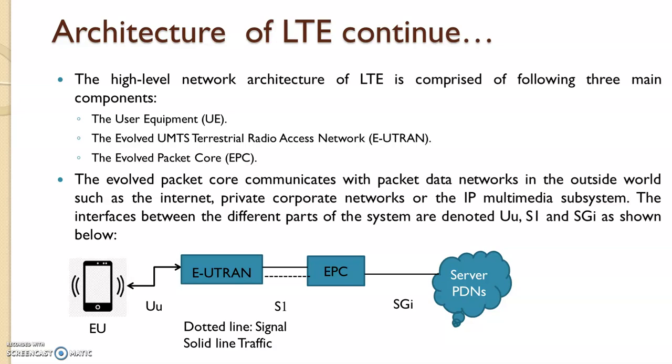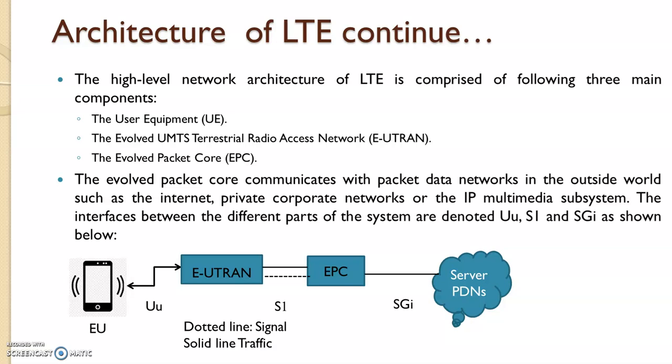The high-level network architecture of LTE is comprised of three main components: the user equipment, the evolved UMTS terrestrial radio access network, that is E-UTRAN, and the third, the evolved packet core, EPC.